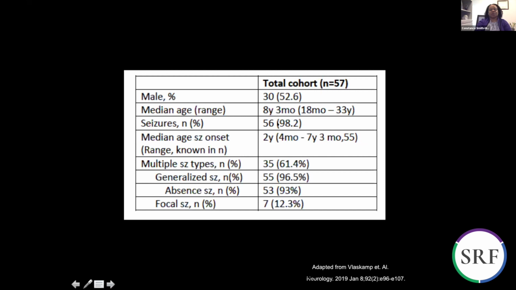They've also shown that about 98% of patients with SYNGAP1, at least in their cohort of 57 patients, demonstrate epilepsy. The median age of onset is about 2 years old, and the range is 4 months to 7 years old. The vast majority of patients have generalized epilepsy, and over 50% of them have multiple seizure types.